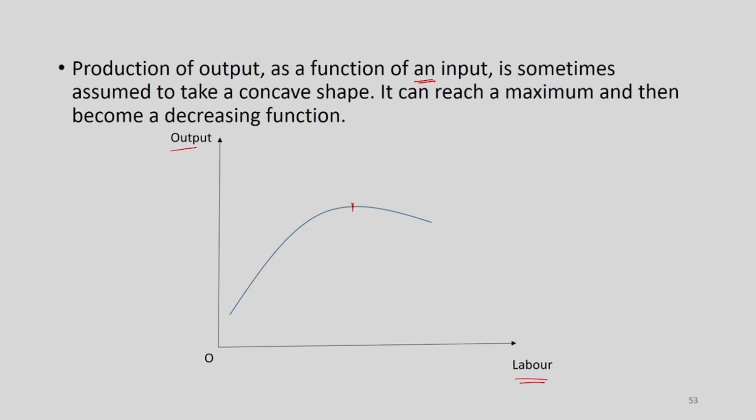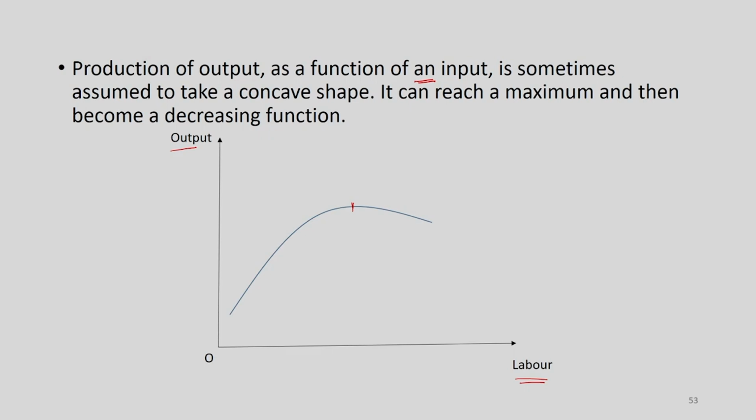You are using more laborers to produce pieces of clothes. Whatever be the case, as labor is used more, the output rises, but one can see in this portion that the output is rising but the slope is declining, which means output is rising at a declining rate.